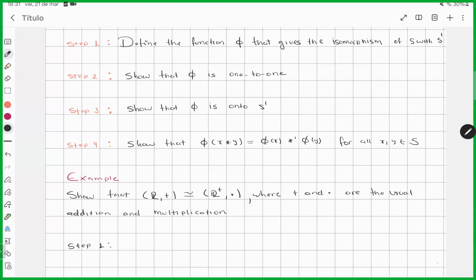And also, this property gives us an idea how to do this. A to the x plus y is equal to a to the x multiplied by a to the y. So this tells us that addition of exponents corresponds to multiplication of two quantities.